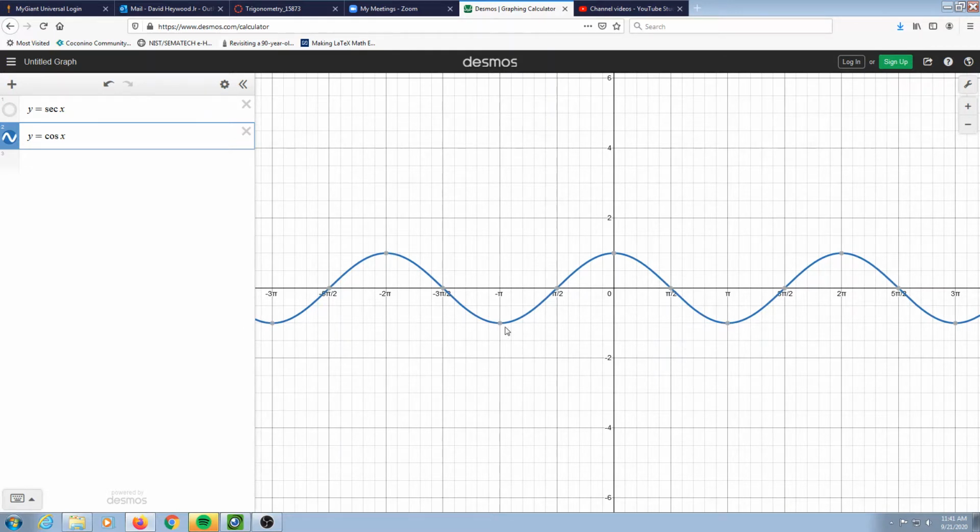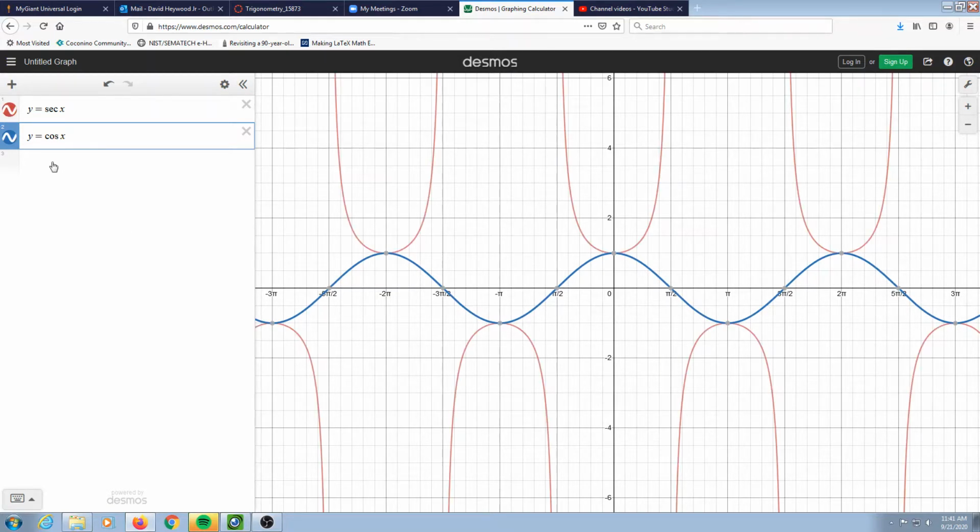And whenever you have these minimum values, you're going to draw a little parabola looking thing going down. And whenever you have zeros, you're going to draw vertical asymptotes. That's one way to do it. Another way to do it is to just graph it directly.